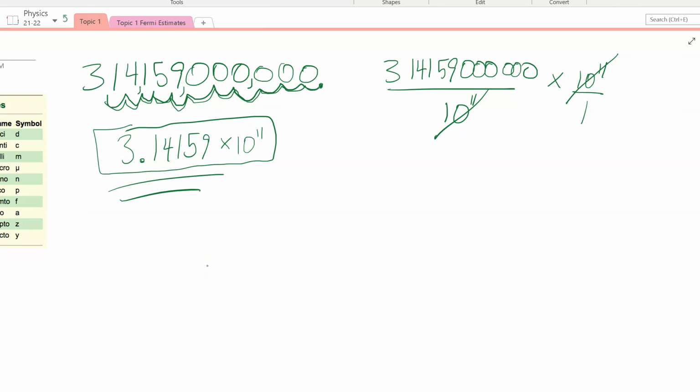The general rule is that this number in the front, before the times 10 to the part, should be between 1 and 10. If the goal is to represent numbers in a more legible, understandable way, the rule that people try to stick to is to have this number be somewhere between 1 and 10.